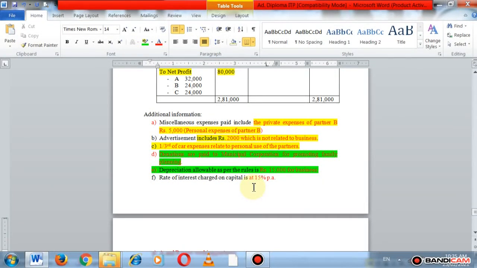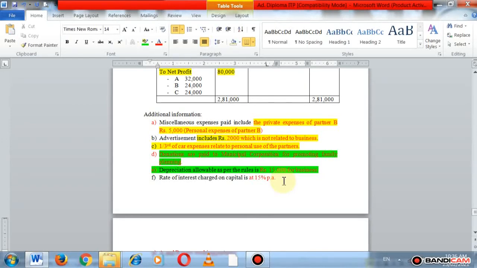Interest, the rate of interest charged on capital. So interest on capital is disallowed, the excess rate of interest is disallowed. Here interest on capital is 15%. So we compute the excess interest on capital after completing the profit and loss items, after completing all the disallowed expenses.